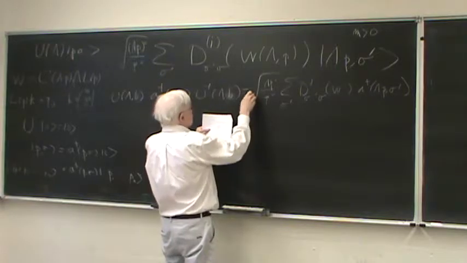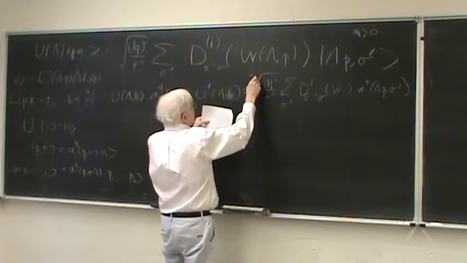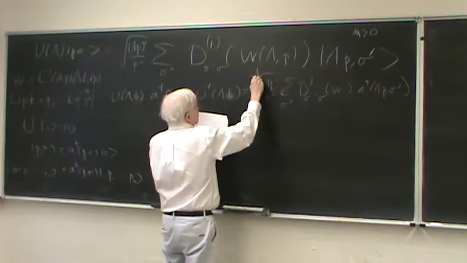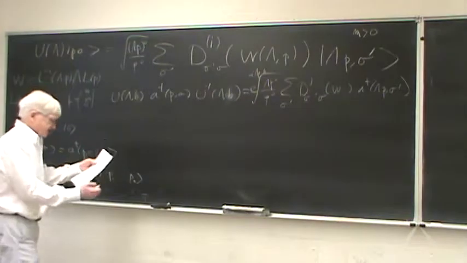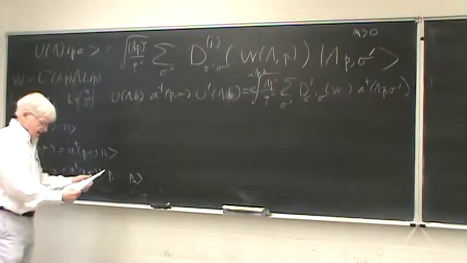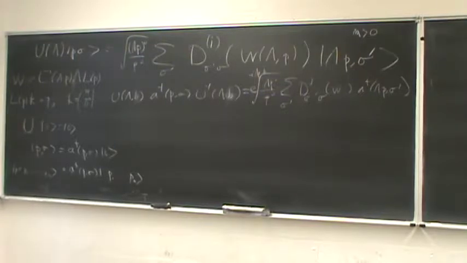Then this is supposed to be e to the minus i lambda p dot b. I originally had b in equations 8 and 9, and then I realized that after I changed to a, later on I'm going to change to a. But by then you won't be confused.